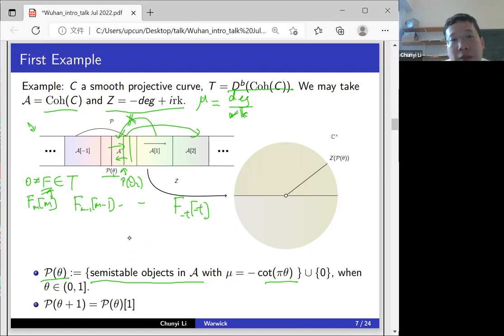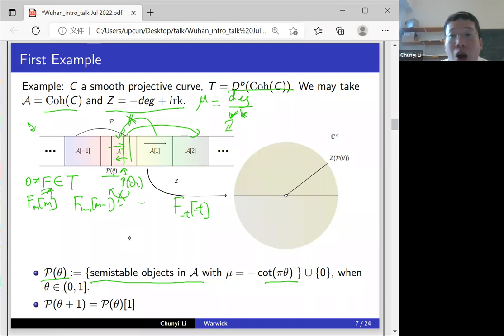So you may have a morphism from P(θ1) to P(θ2), from objects with a smaller slope to larger slope. That's allowed, but you can never have morphisms for objects with larger slope to smaller slope. So you can never have arrows from the right to the left. Previously the Hart structure is kind of a Z structure.